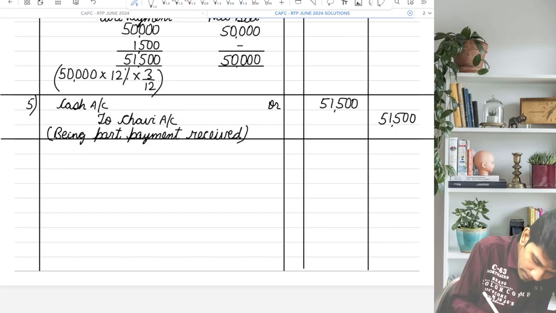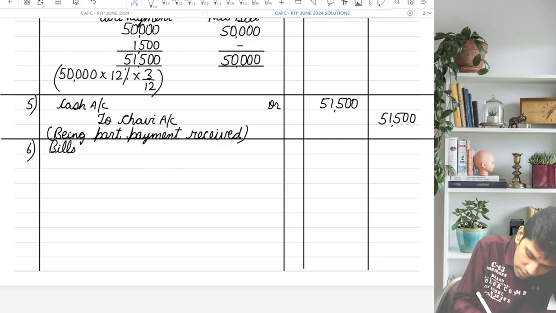Next, new bill drawn. This is bills receivable account debit to Chavi account.